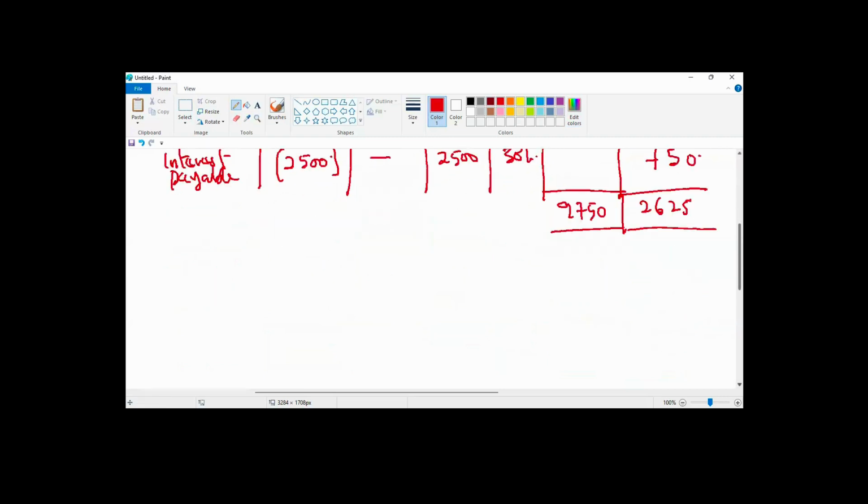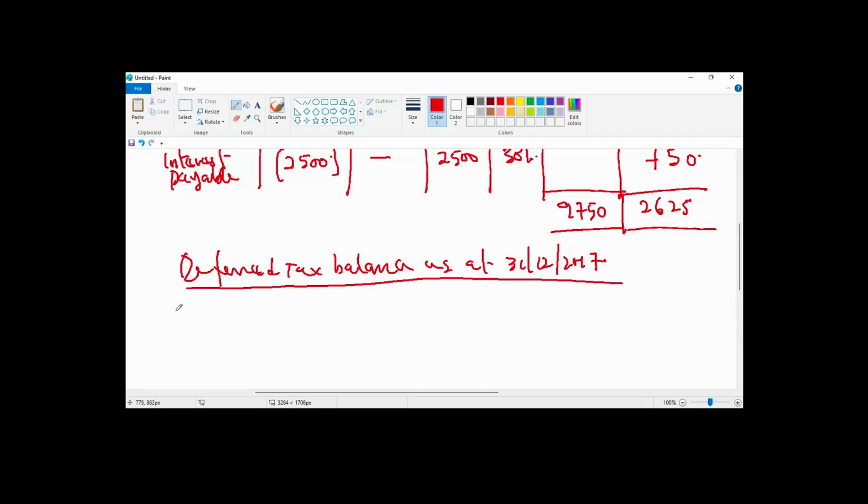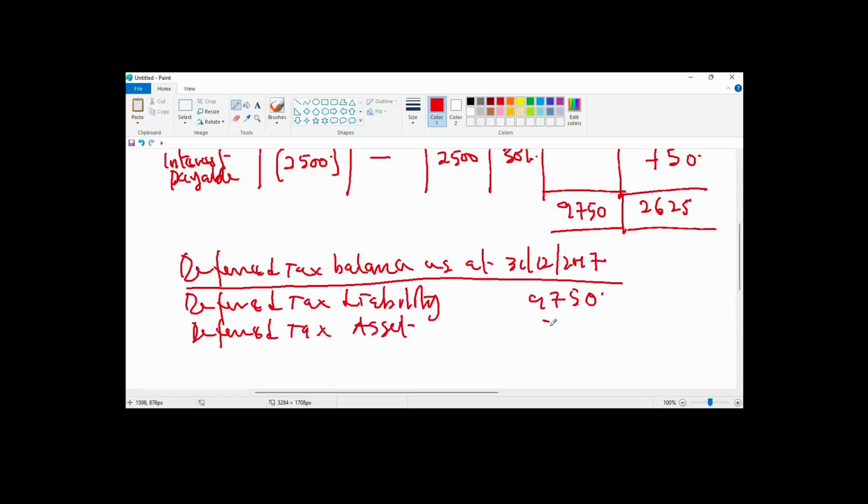I will now say deferred tax balance as at 31st December 2017. Deferred tax liability is 9,750. Deferred tax asset is 2,625. 9,750 minus 2,625 gives 7,125.